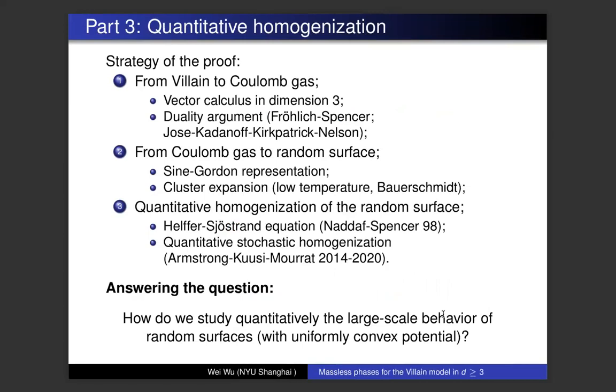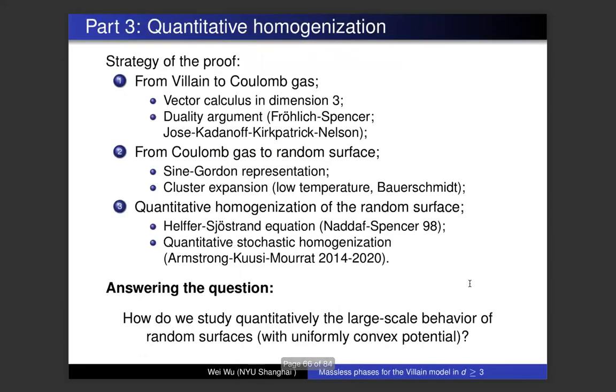First, it relies on this observation by Naddaf and Spencer, who linked certain Gibbs measures with elliptic PDEs with random coefficients. Another important ingredient is the recent advances in quantitative stochastic homogenization led by Scott, by Jean-Christophe, and by Tuomo in the past few years.